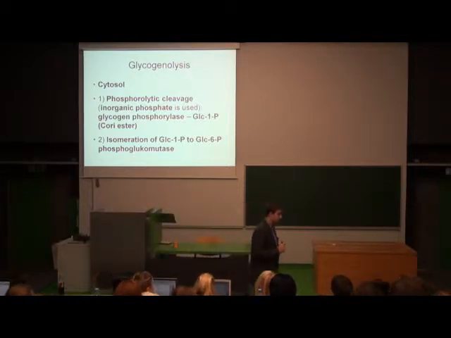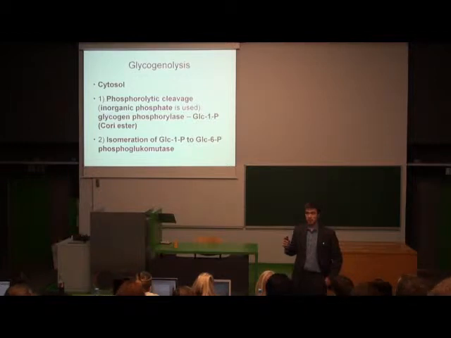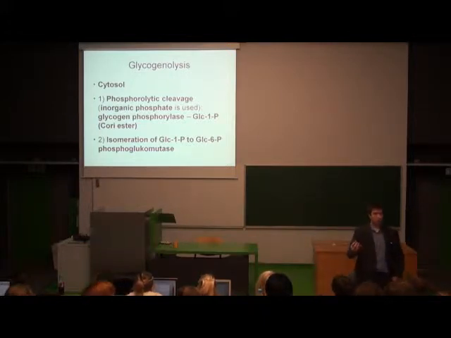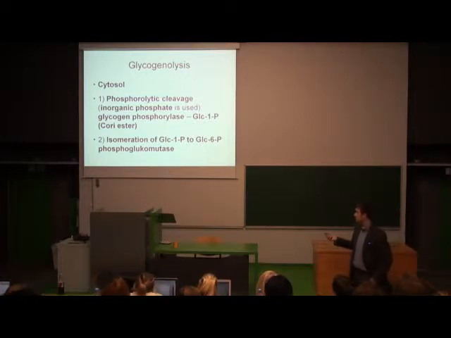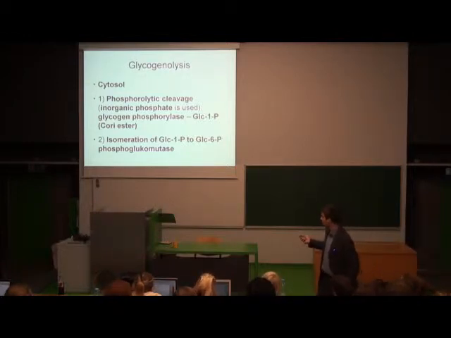This enzyme is able to destroy the alpha 1 to 4 bond by phosphorolytic cleavage. Phosphorolytic cleavage means that you take inorganic phosphate from the cytosol, and with this inorganic phosphate you destroy the bond. Therefore, not hydrolytic, but phosphorolytic cleavage.